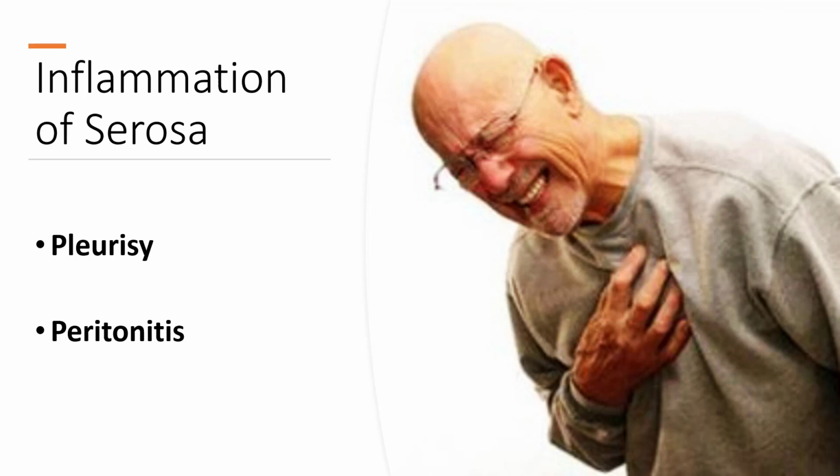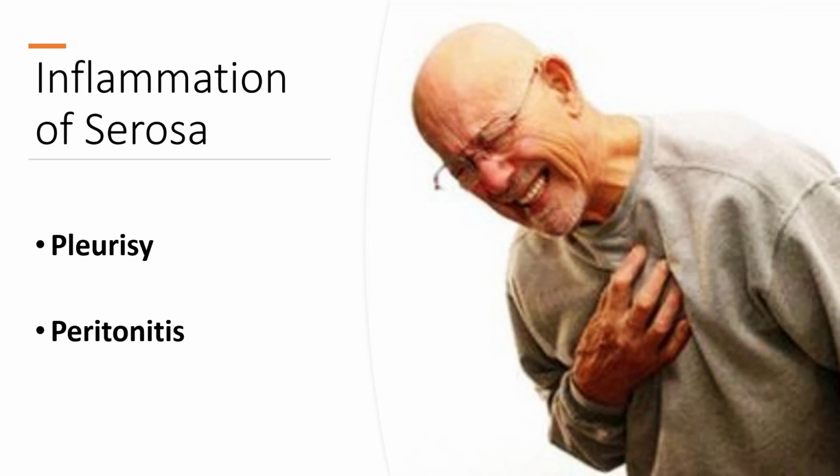Every time our heart beats, the parietal and visceral pericardium would rub against each other. Every time our stomach empties and our intestines move food through, it would cause the parietal and visceral peritoneum to rub against each other. But that serous fluid acts as a lubricant to keep that from happening.